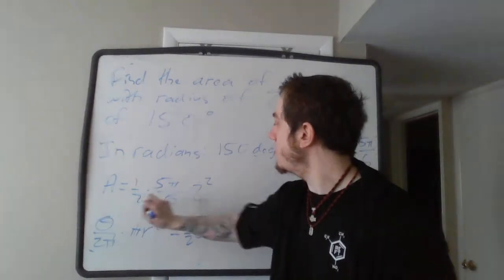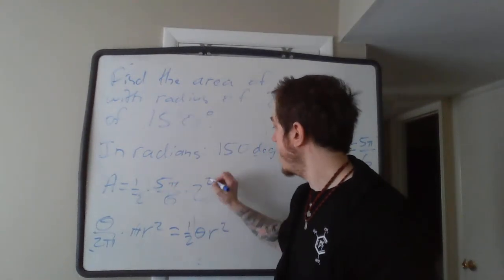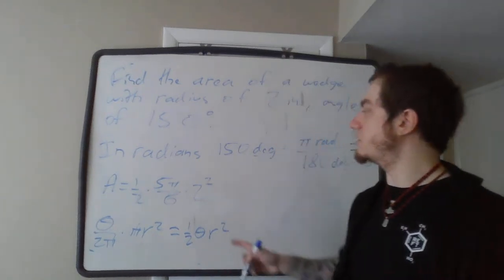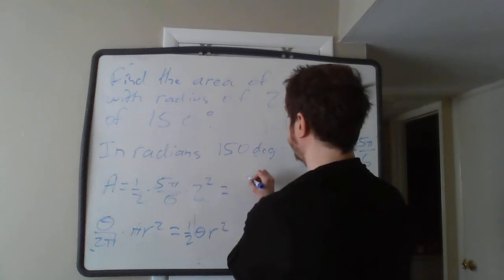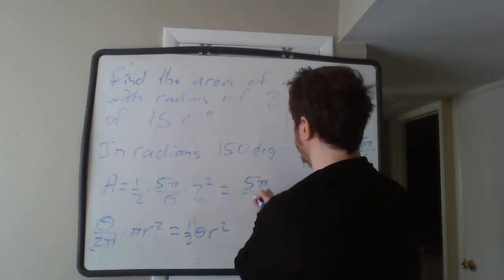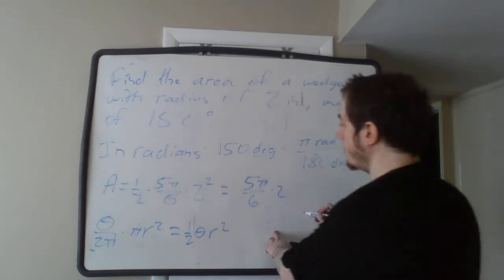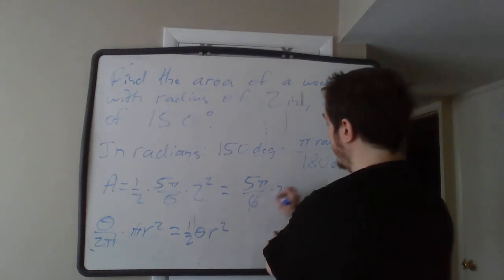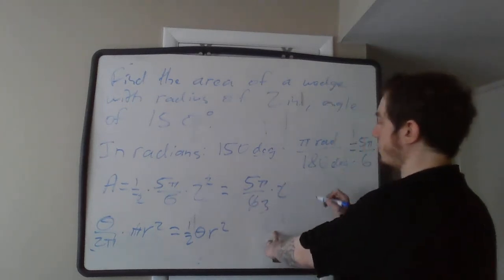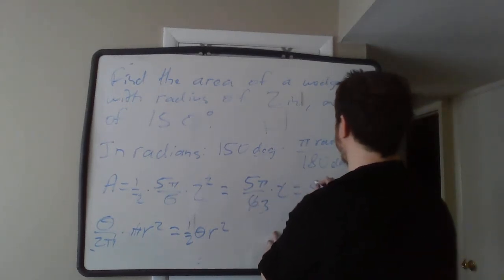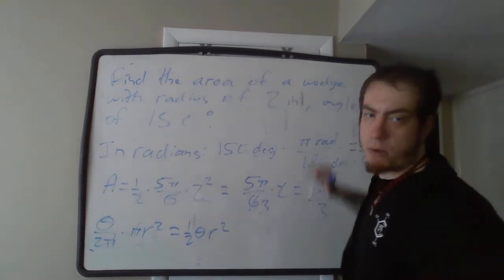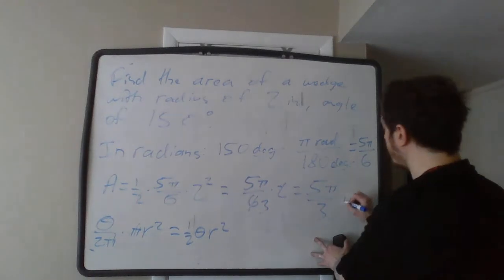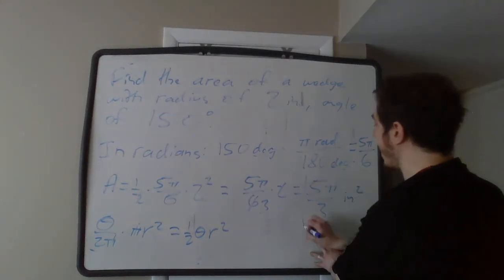Now, this 2 in the denominator is going to cancel with one of the 2's that's being squared here. So we end up with 5 pi over 6 times 2. The 6 and the 2 cancel and leave me with a 3 in the denominator, and so we end up with 5 pi over 3. Since the distances here are being measured in inches, our units are going to be inches squared.